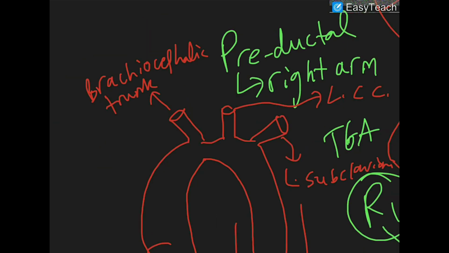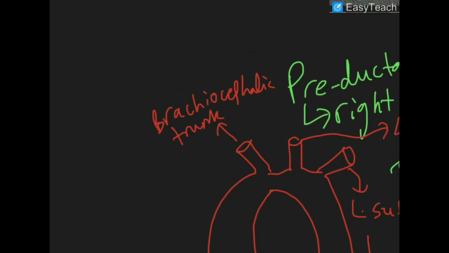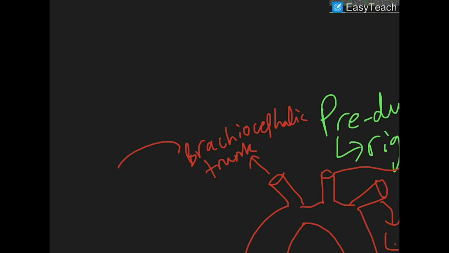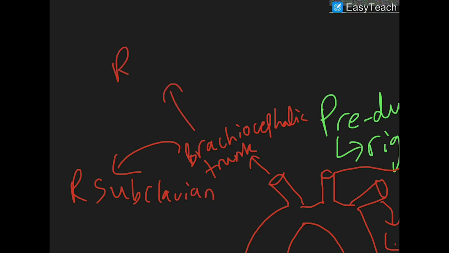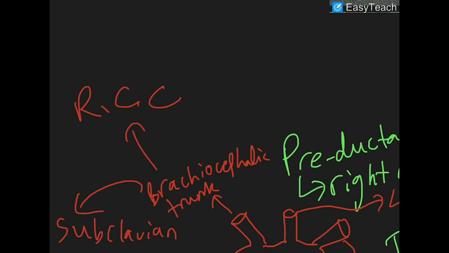So what two main branches come off the brachiocephalic trunk? We get our right subclavian and our right common carotid. Our right common carotid branches into the external and internal, and our internal carotid arteries supply our brain.